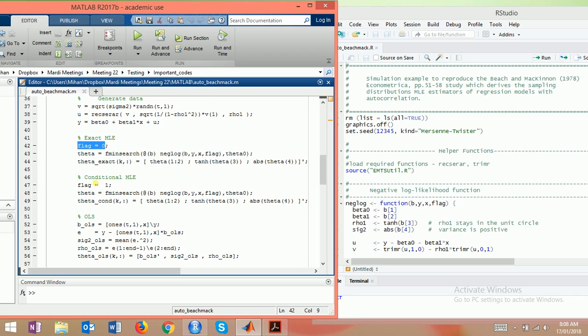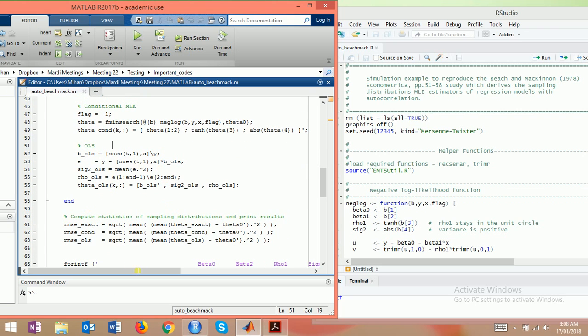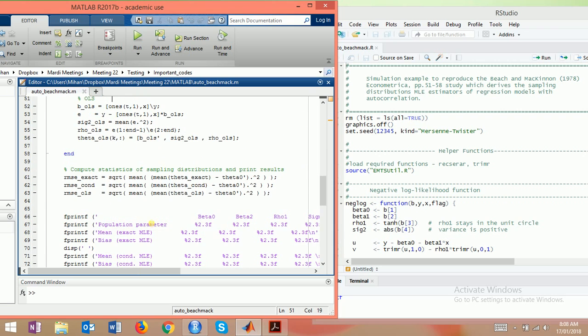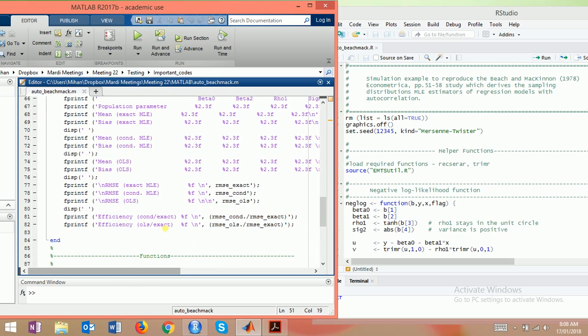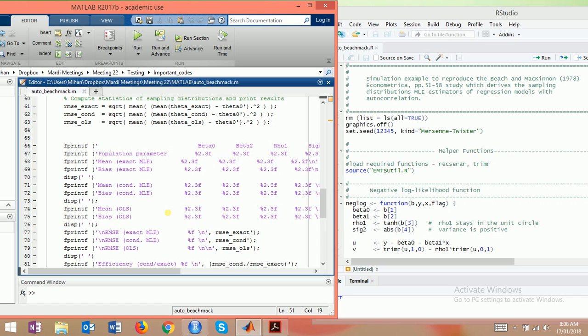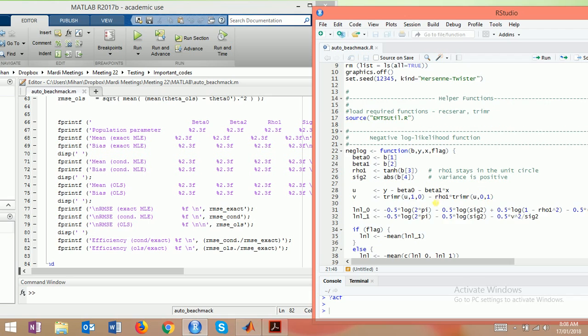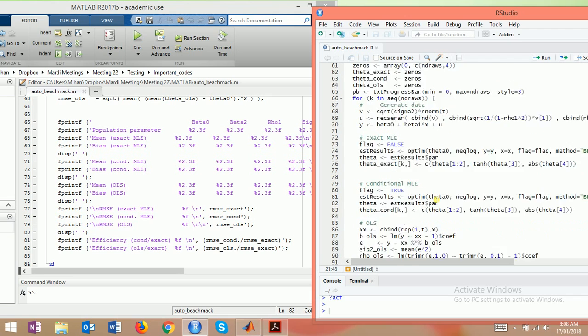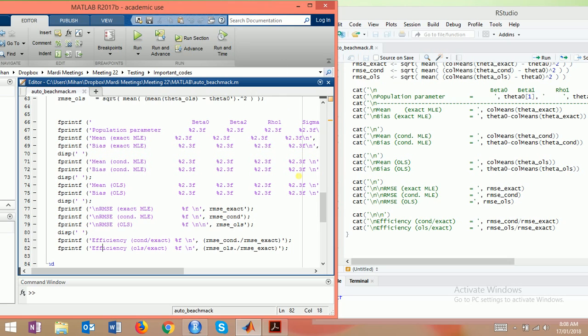In exact, flag is 0, in conditional, flag is 1, and then we do OLS, and then we do efficiency test, which one is more efficient compared to the others. Mean squared error, root mean squared error. So conditional, exact, OLS, we check the efficiency. This is exactly the same problem as what we dealt with before, so I'm not going to spend time on this.